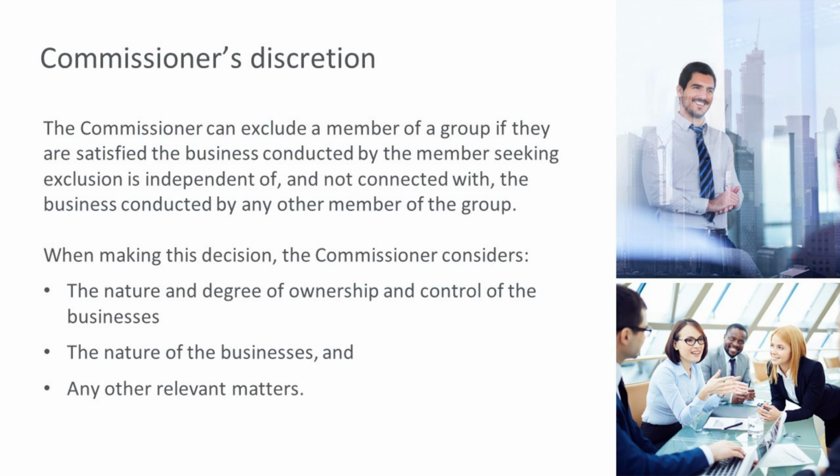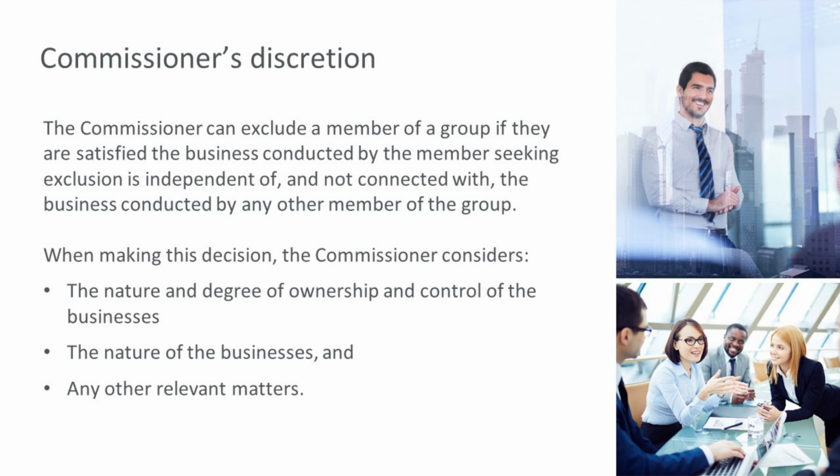Remember, Commissioner's discretion is not available for members that are related corporations within the meaning of Section 50 of the Corporations Act, but it is available for groups formed as a result of use of common employees, commonly controlled businesses, tracing of interest, indirect relationships, or amalgamation of groups with common membership.